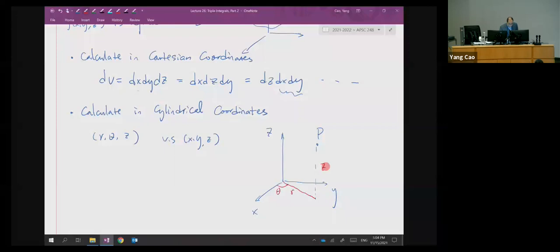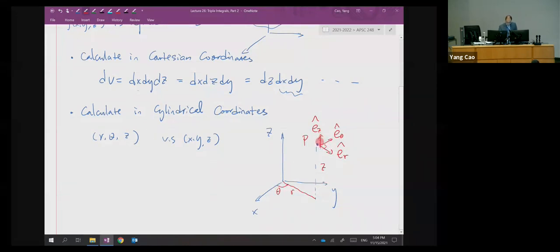As I illustrated, you can consider yourself as having cylindrical coordinates attached at this point P. There are 3 unit vectors here. This unit vector points in the direction of r, the radial direction. This unit vector points in the direction of theta rotation, so it's always perpendicular to r.